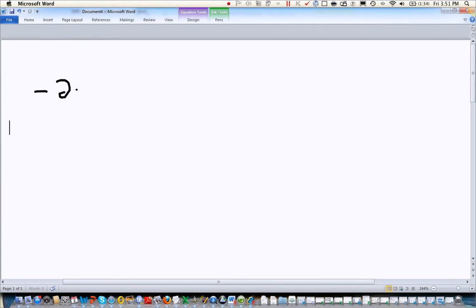So what we're going to do is start with one that looks like this. And I'll give you some of my hints and tips and tricks for solving equations.